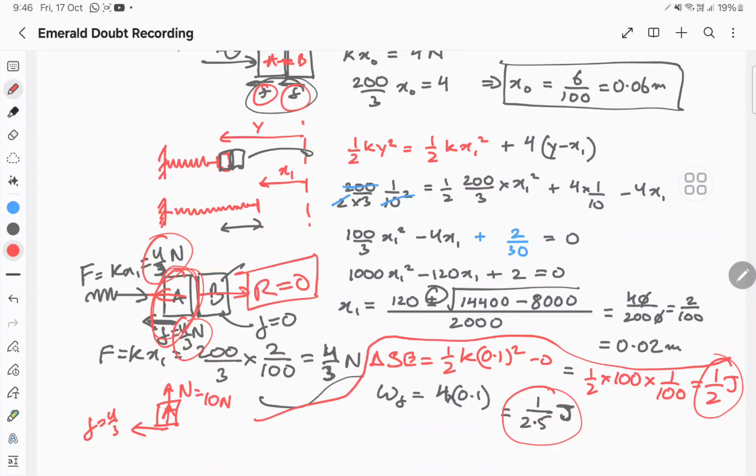That means while the bodies have come back to the unstretched position, I'll repeat, while the bodies have come back to the unstretched position, spring energy still was higher and the friction could not kill the whole spring energy. The whole spring energy is not killed. That means here the body will have some velocity.